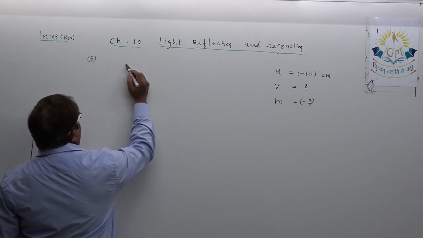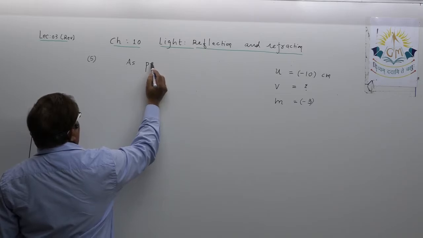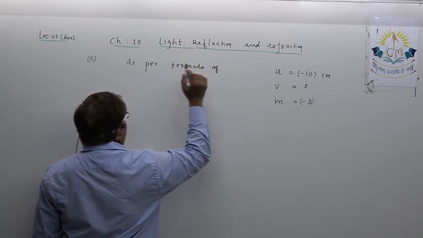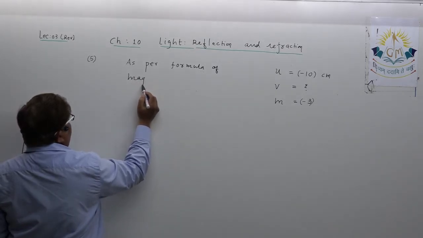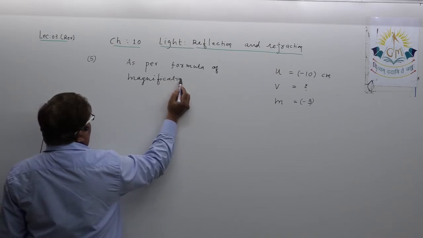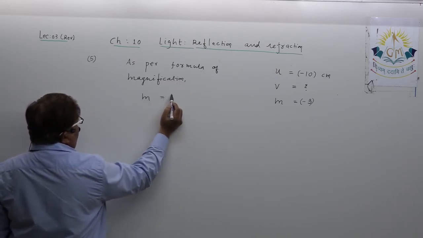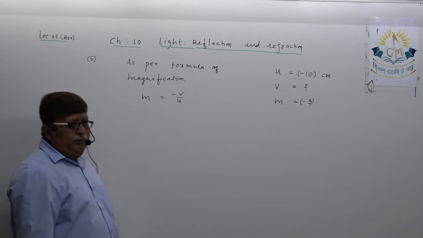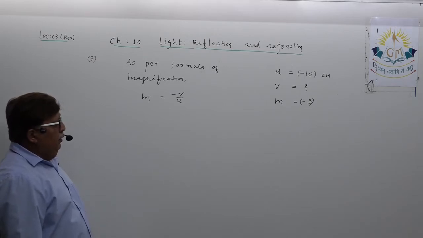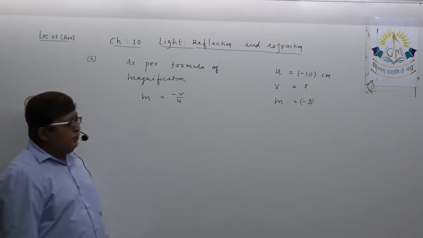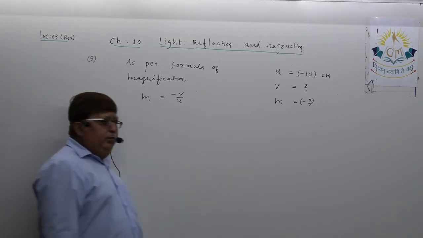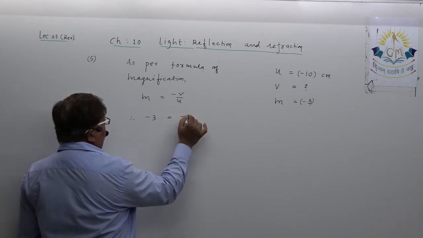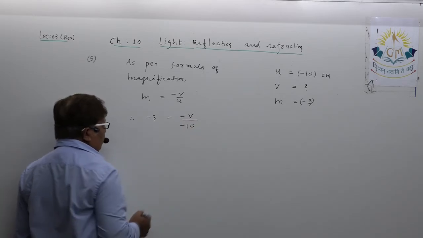Now, as you know, as per the formula of magnification, M equals minus V upon U. After writing this, M equals minus V upon U, just substitute M, that is minus 3: minus 3 equals minus V upon minus 10.